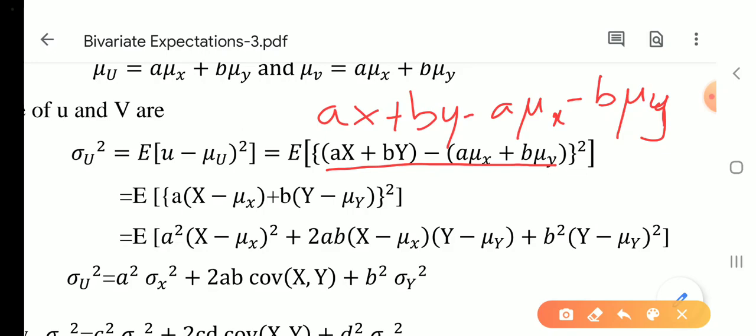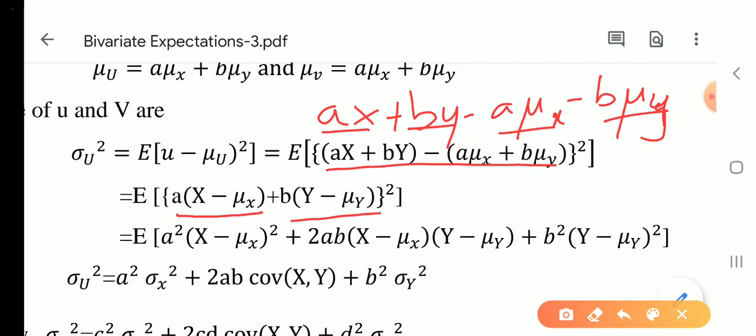If you see here, aX minus a mu x, a we take common and we can write it as a into (x minus mu x). Similarly, from these two terms, we will take b common outside and write it as b into (y minus mu y), whole square.